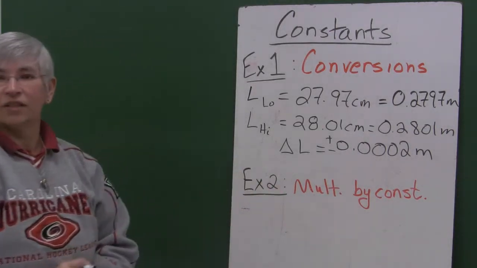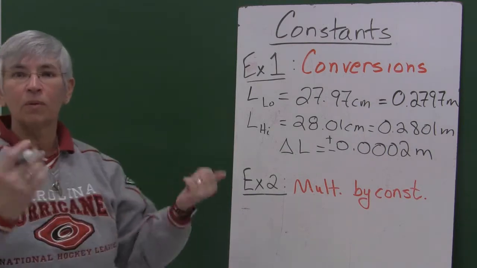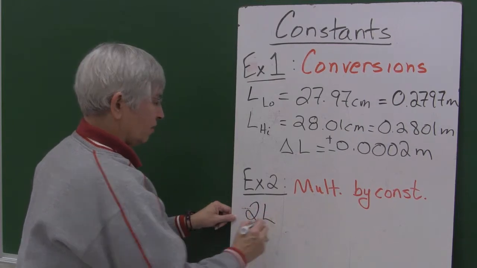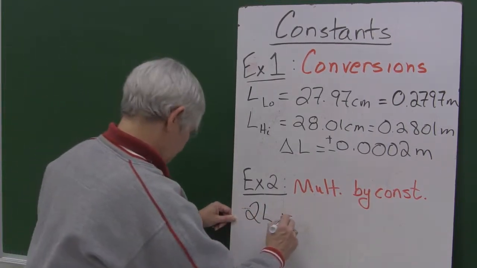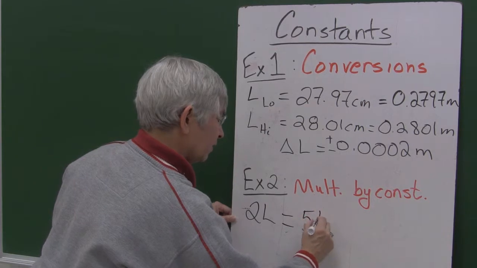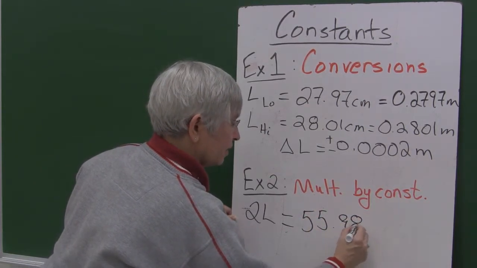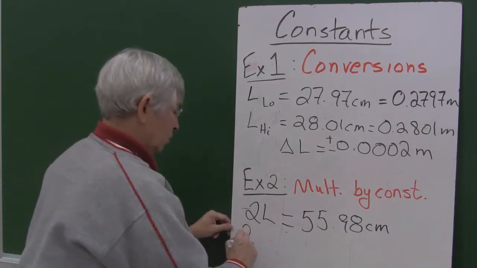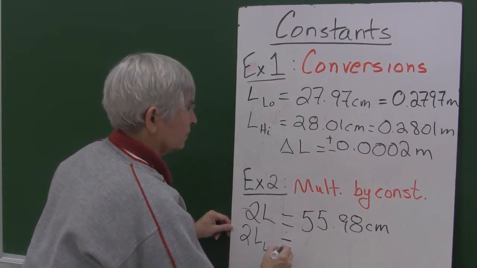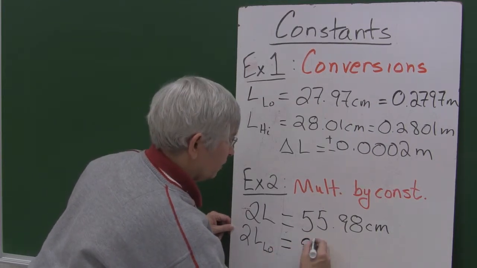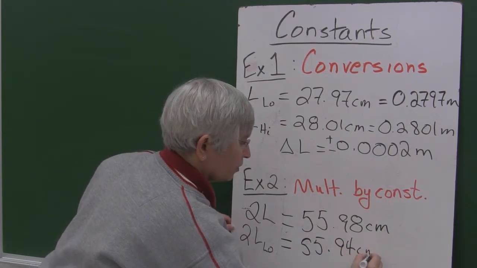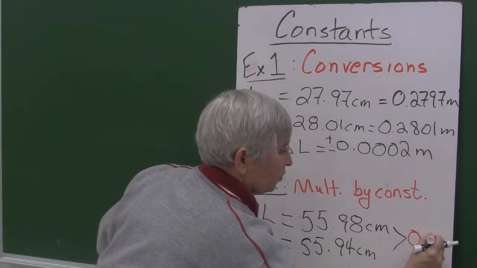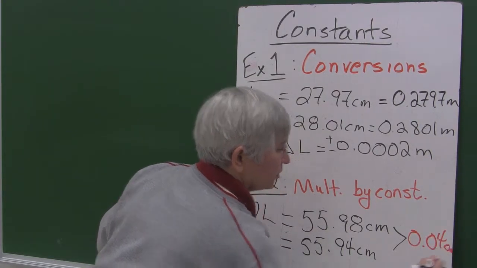But then there are other constants that you have to worry about. What if I wanted to double the length of my piece of paper? And so if I wanted to look at 2L, 2L would end up being 55.98 centimeters. But if I put in the low value, so 2 times the low value, I would get 55.94 centimeters, or a difference of 0.04 centimeters.